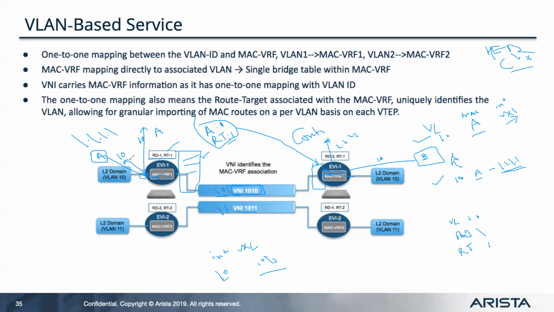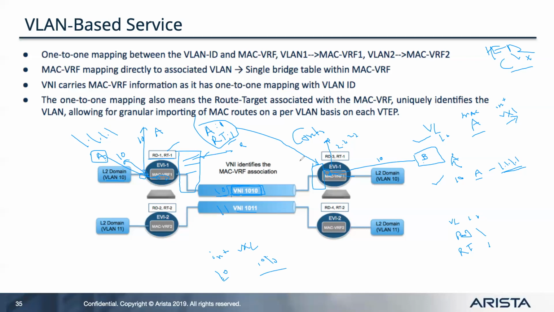So the point here is that for the control plane, in EVPN, we are using RD and RT values to forward the packet. And we will also send this VNI information in this route update. I'll tell you why. This VNI will be utilized for data plane traffic.